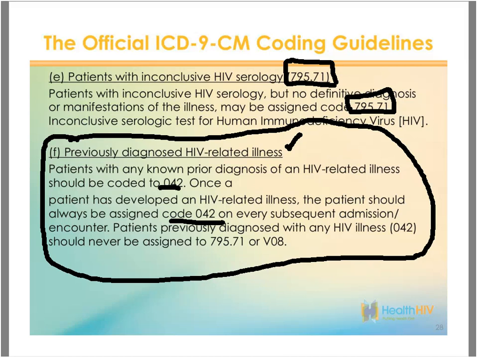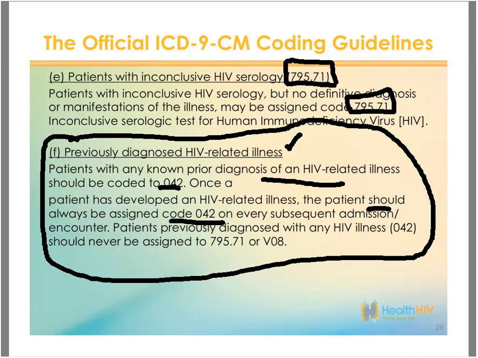So just to reiterate, patients with a known prior diagnosis of an HIV-related illness should be coded as 042. Once the patient has developed an HIV-related illness, the patient should always be assigned 042 on every subsequent admission or every subsequent encounter to the doctor's office.